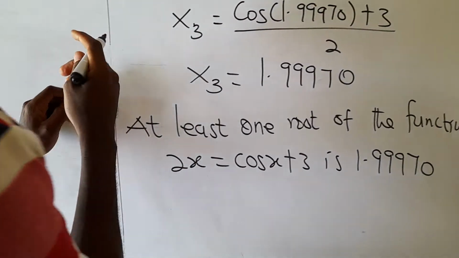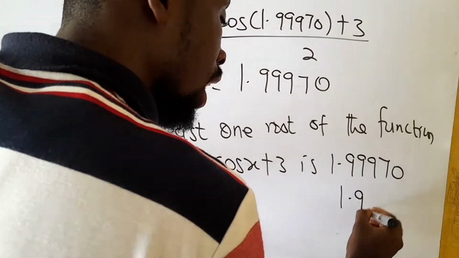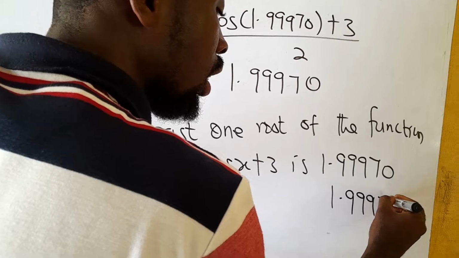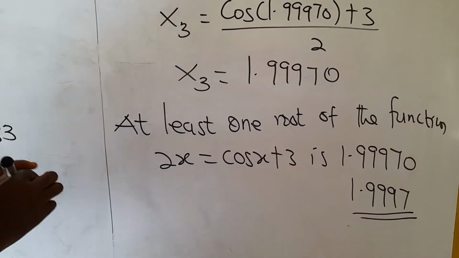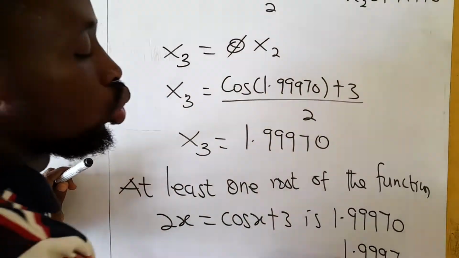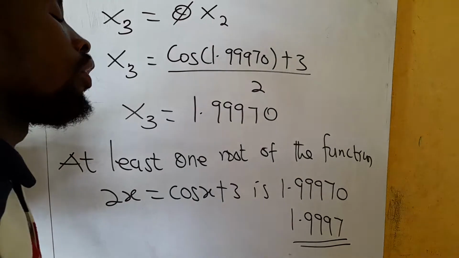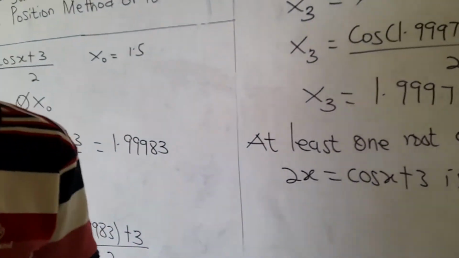So since they say correct to 4 decimal places, then we can say it's 1.9997. I hope you get that. So at least one root for the function given to us is 1.9997. We'll take another problem and see how we'll deal with it.